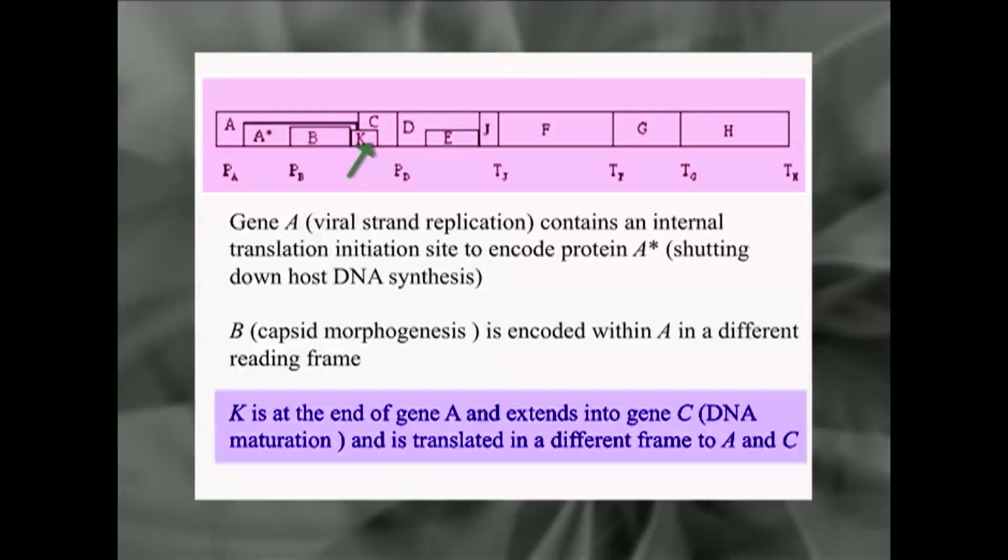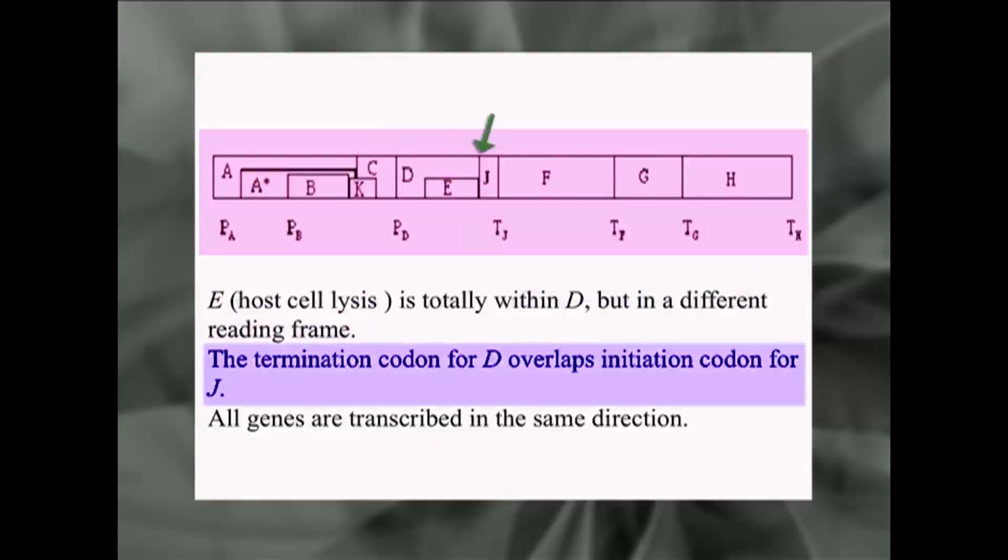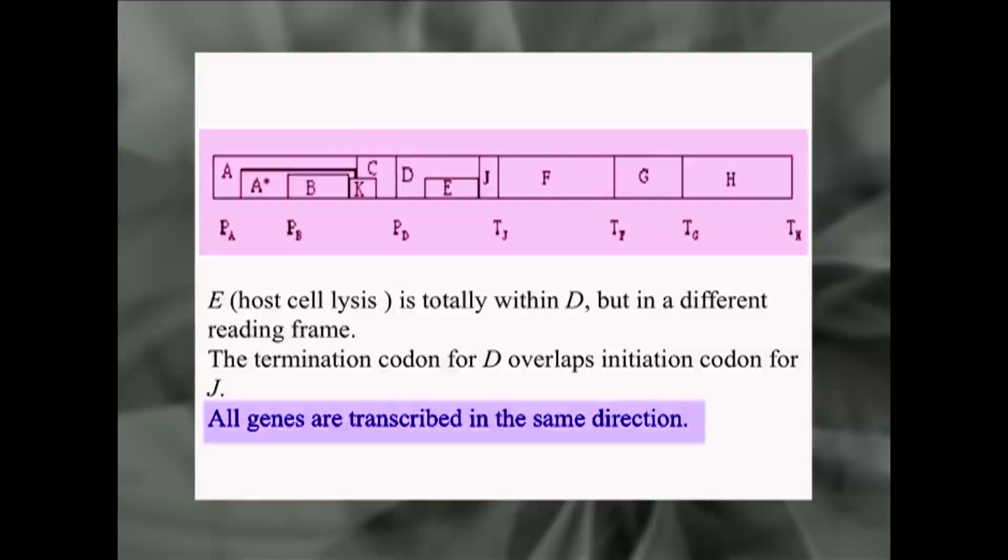K gene is also present within A, but it extends into gene C and is translated in a different frame. Similarly, gene E, which is responsible for host cell lysis, is completely within gene D, but in a different reading frame. The termination codon for D overlaps with the initiation codon of J. Thus, they have coded all the proteins in their genome in an overlapping fashion.